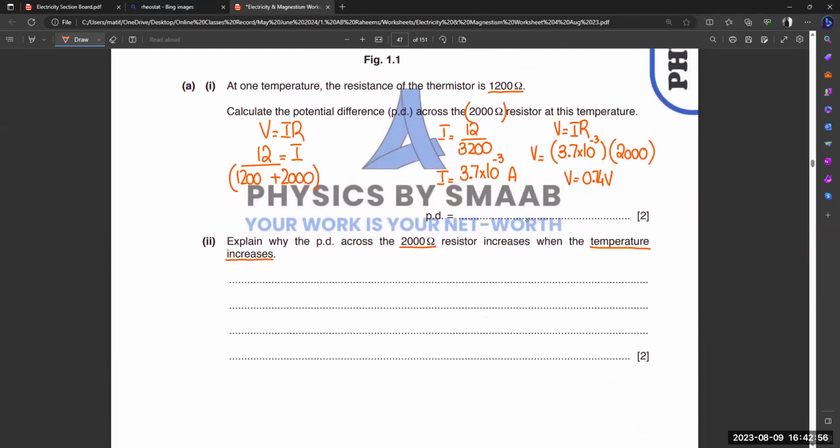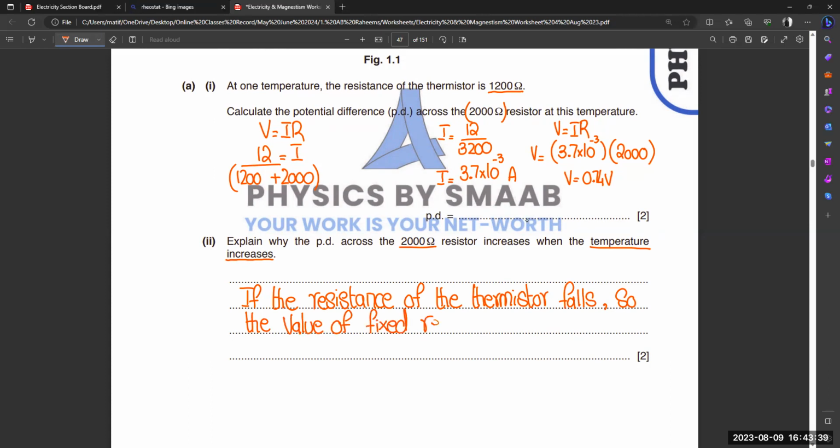So the resistance of the thermistor falls, and the share of the voltage across the fixed resistor will increase, right?